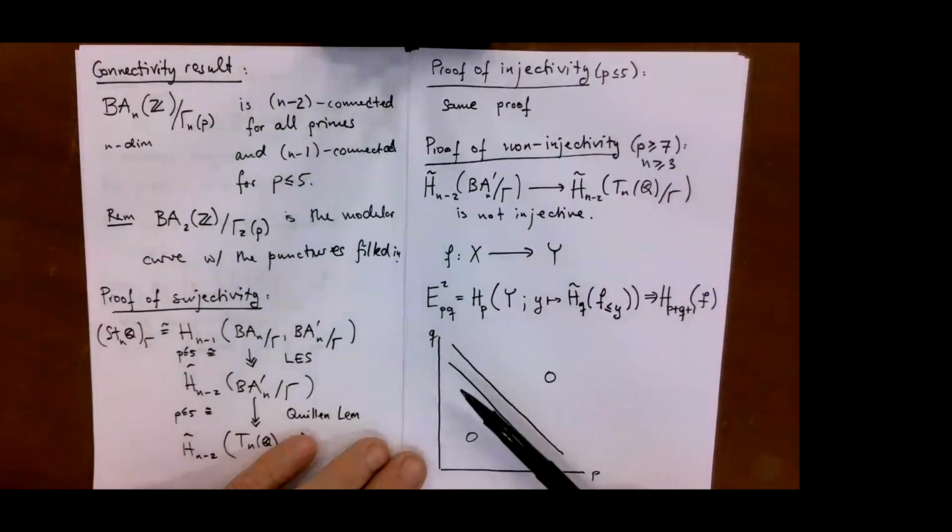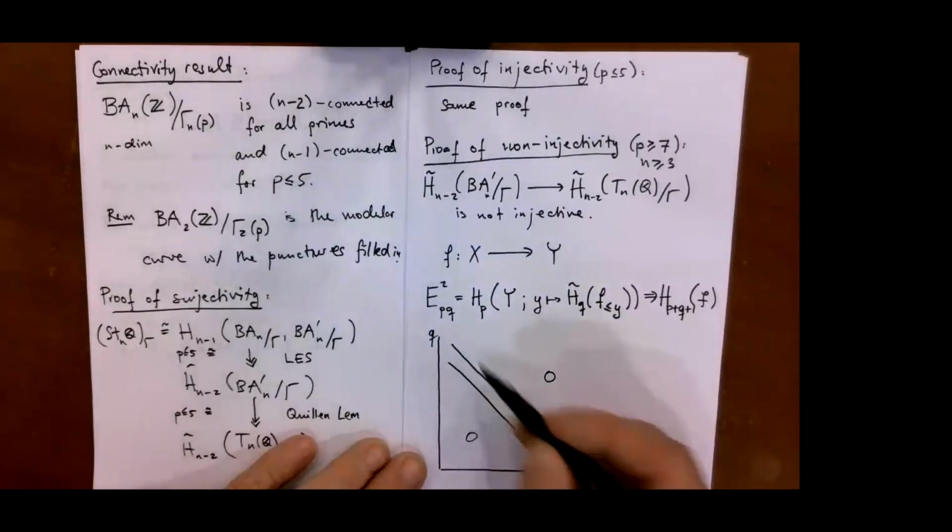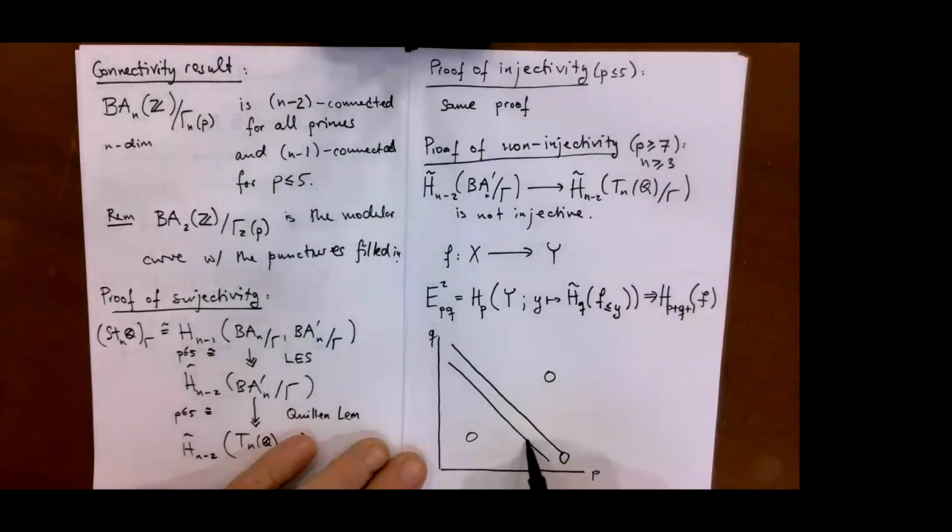And a diagonal corresponds, so in the end, a diagonal corresponds to the homology of what we want to figure out. And the whole point of this proof is that actually, this entry here is 0 as well, and then this entry here is not 0.